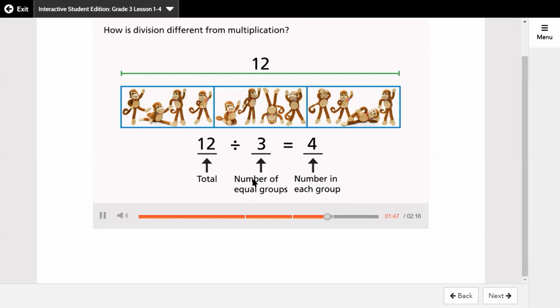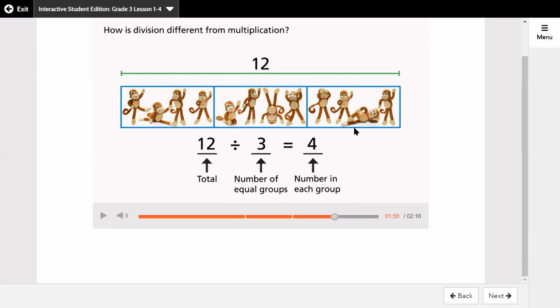How is division different from multiplication? Well, our division is taking the large number and dividing it into smaller groups. So 12 divided into 3 equal groups equals 4 in each group.